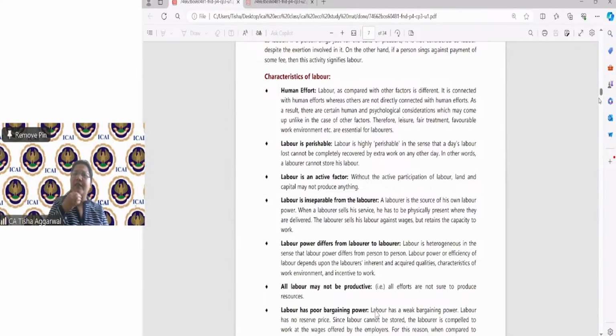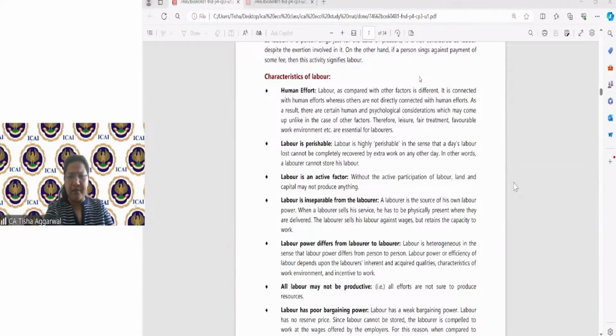For any service that a labor is hired for, physically or virtually, the labor has to be there to deliver the service or good. Even if the farmers are working in the field, if they are physically required there, they will have to be there. There is no option that you get your salary in your account without even doing the work. Okay, Parul, I hope it's all clear to you.